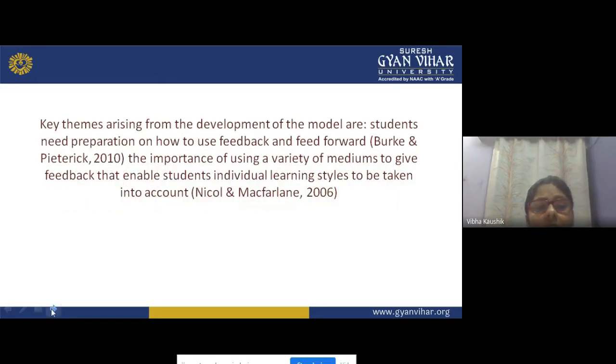Now, key themes arising from the development of models are: students need preparation on how to use feedback and feed forward. These things will help in giving feedback.